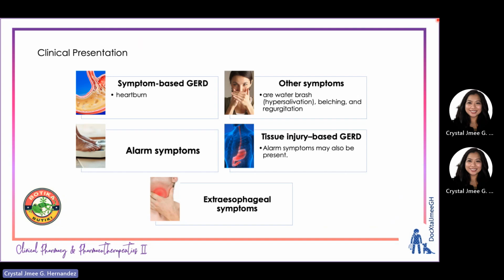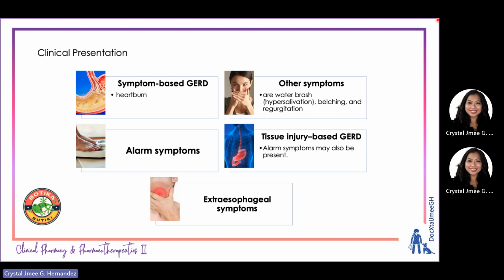So whenever we encounter patients complaining of such pain in the sternal area, we need to be critical to take pertinent information so we can directly refer them to the appropriate medical consult.